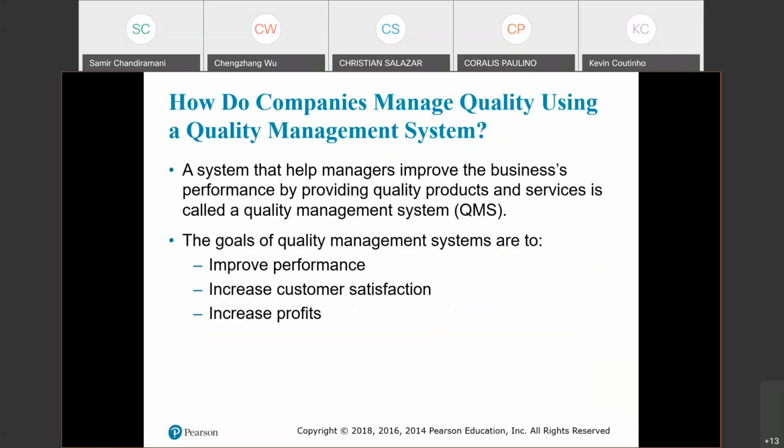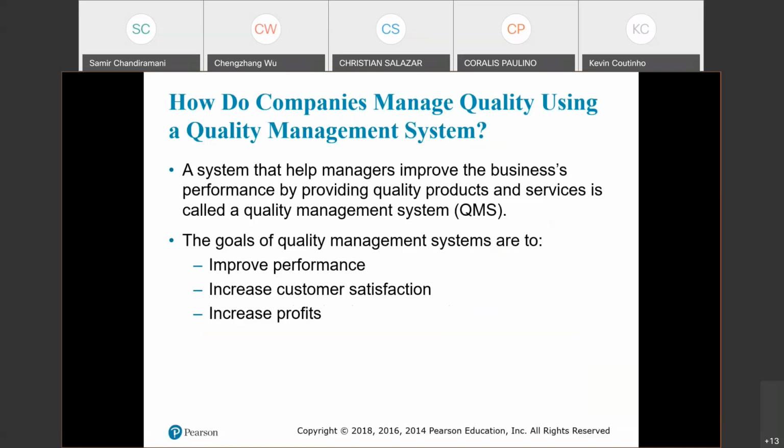The common factor in all quality management systems is the desire to improve performance, which should result in increased customer satisfaction and increased profits.